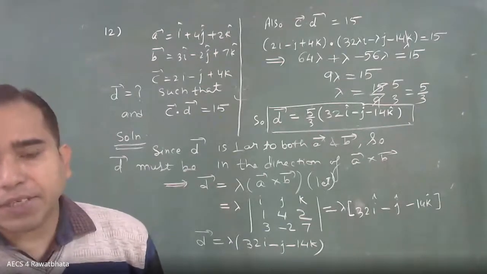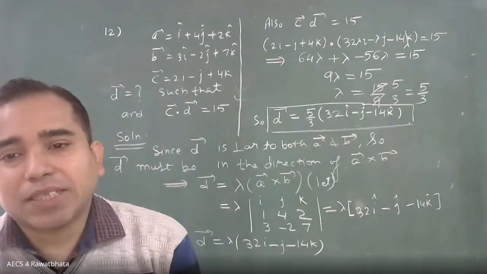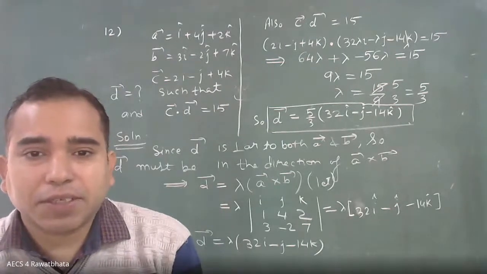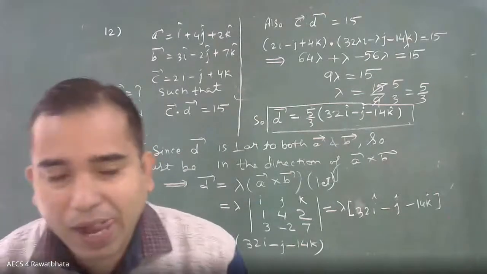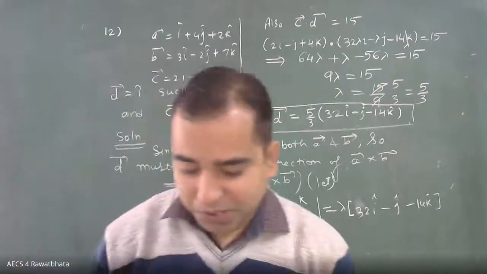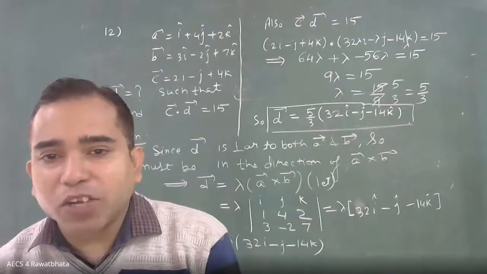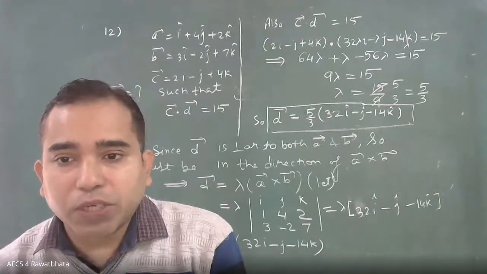Is this answer right? Manish, 12th question, are you following? Is this right? 5/3 (32i minus j minus 14k). Hey, speak up, yes, no? Students, is this right or not? Shall we move ahead? Yes, sir. Correct. Okay, so please keep checking, and moving towards the next question, 13th question.